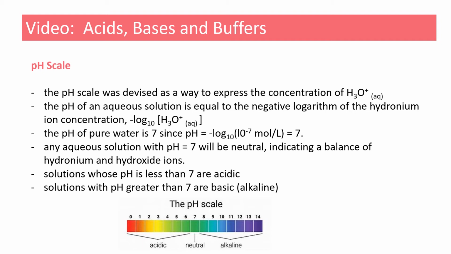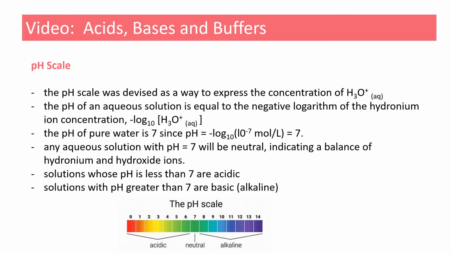The pH of pure water is equal to 7, since the pH is equal to negative log base 10 of 10 to the negative 7 mole per liter, which gives us the value of 7.